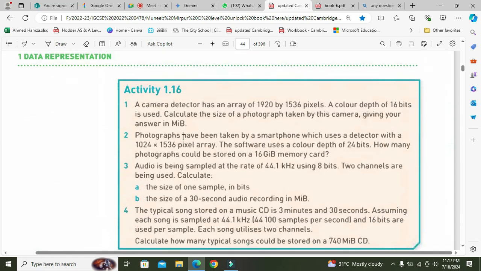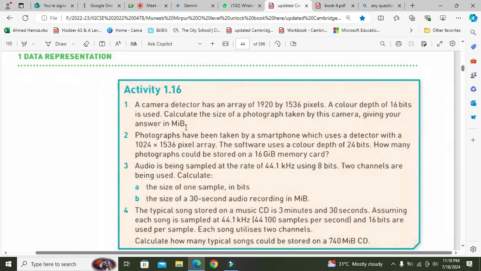So starting from this activity, a camera detector has an array of 1920 by 1536 pixels. So this is the resolution of that camera. Okay, and the color depth is 16 bit. Calculate the size of the photograph taken by this camera, giving your answer in MB.